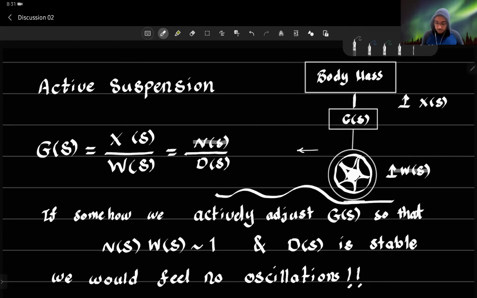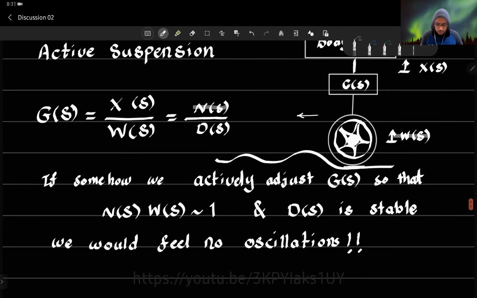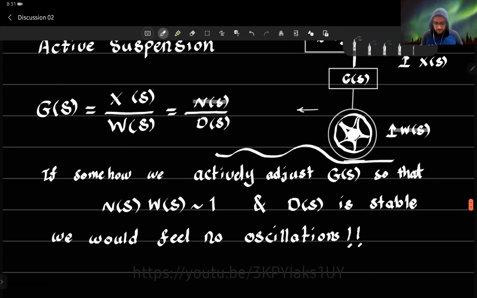So the transfer function from w(s) to x(s) is g(s), which is the suspension system, which is equal to n(s) divided by d(s). N(s) is the numerator, and d(s) is the denominator of this transfer function.